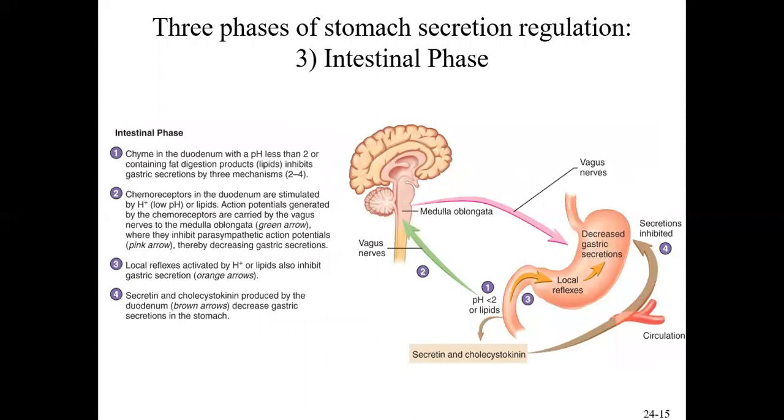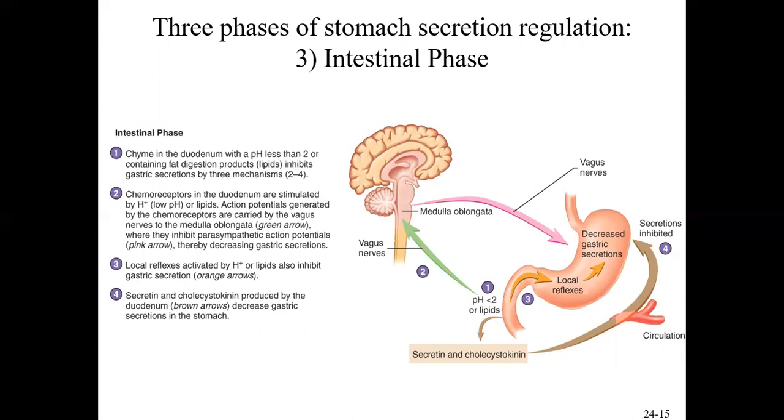The third phase, the final phase, is called intestinal phase. That takes place whenever the digested food, or the chyme, the acidic chyme, actually enters into the first segment of the intestines. And that triggers an inhibition type reaction that sends signals back to the stomach.